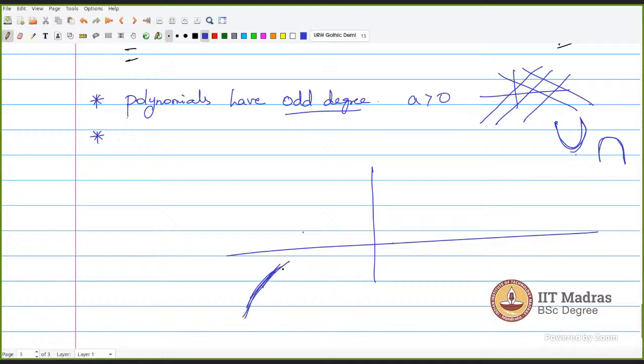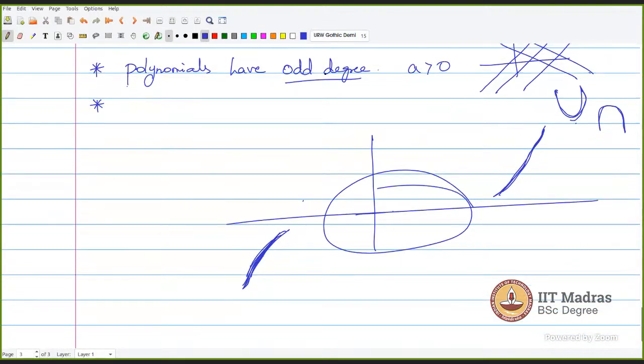Whenever it goes to minus infinity, the graph will be below the x-axis, and when it goes to positive, it comes above the x-axis. I don't know what happens in between, but I know the end behavior of the graph. So when it is odd degree and the coefficient is greater than 0, I will have this kind of graph. I will start my graph below my x-axis somewhere.